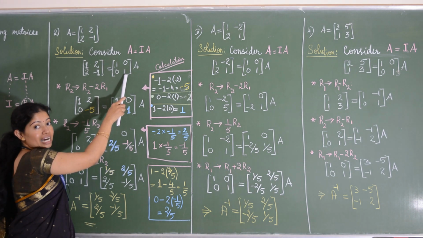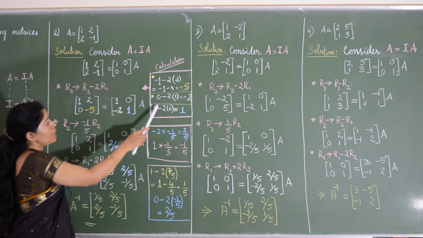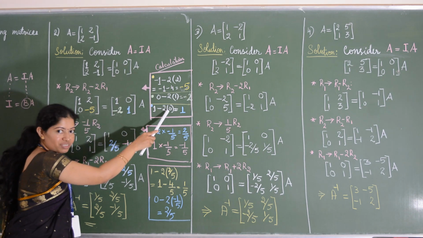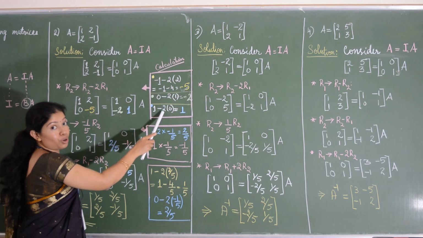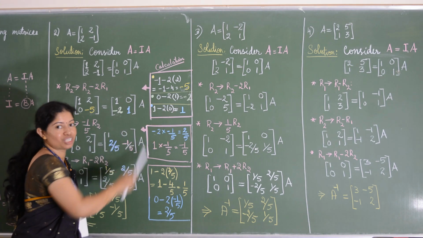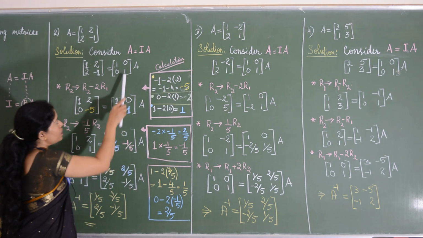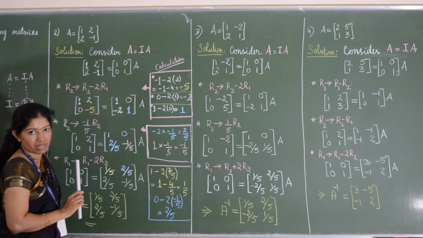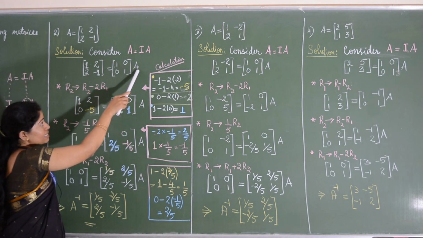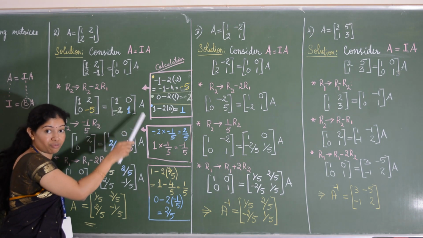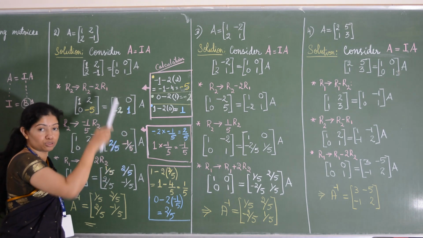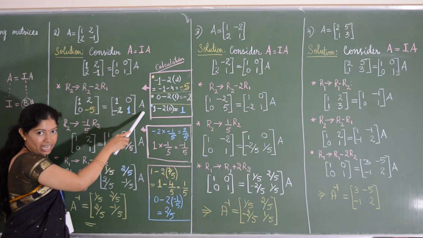Next, take the other element, that is 1 minus 2 times 0, that is equal to 1, because 2 times 0 is 0. So this element will become 1 only. Then this A, write as it is. Don't forget that. Every step you should keep on writing that matrix A.